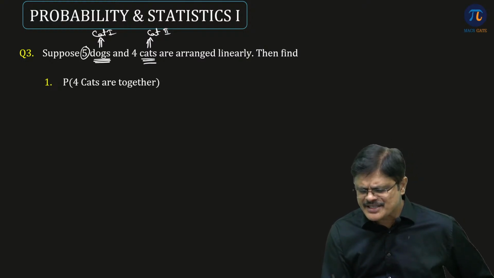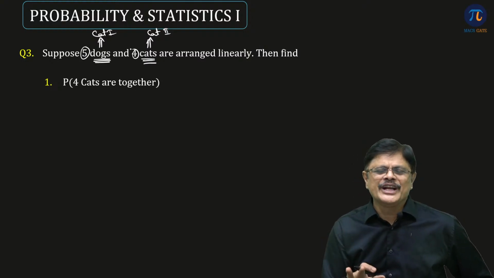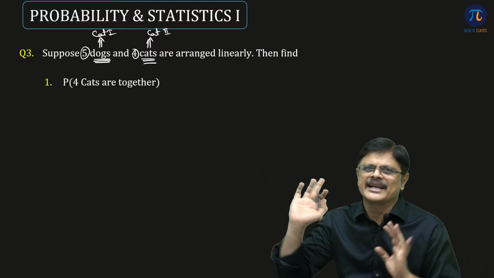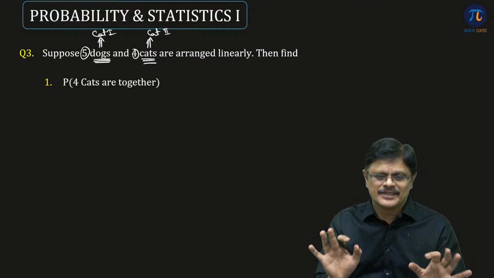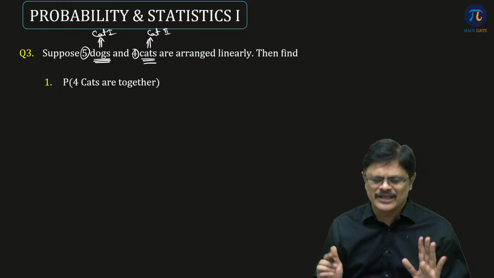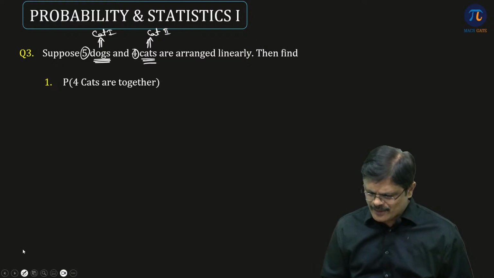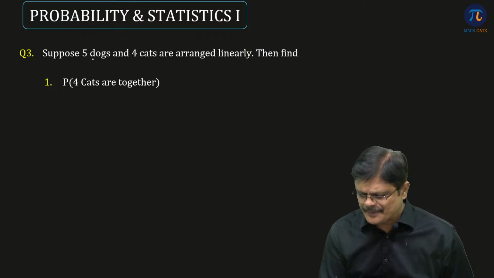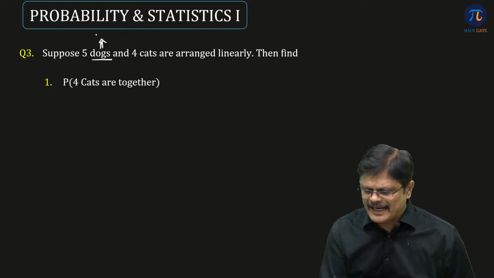These numbers may change, but what we need to understand is that we have some objects of category 1 and some objects of category 2. If you understand that, any such problem is not at all difficult. Please note that point, my dear friend.